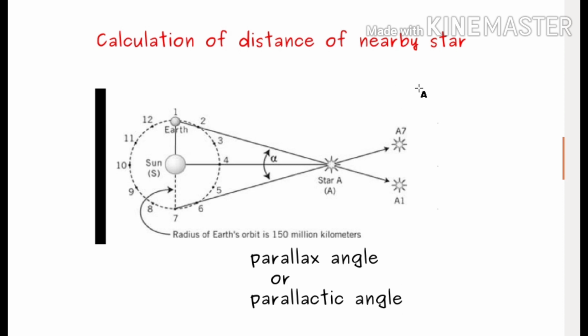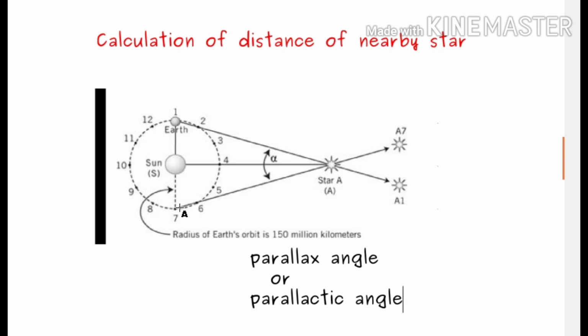Background means there are many millions of stars, so we are observing only a single star from point A. Now after 6 months, when the earth takes half a revolution around the sun and comes to position 7, either this way or this way.